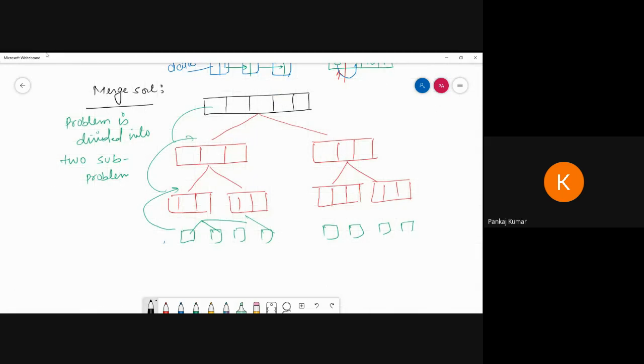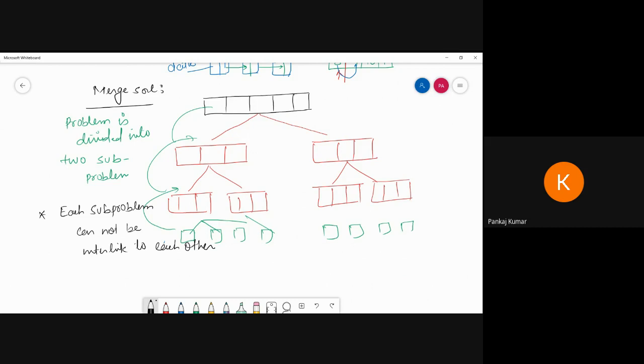Here we can point out that each subproblem cannot be interlinked with each other.